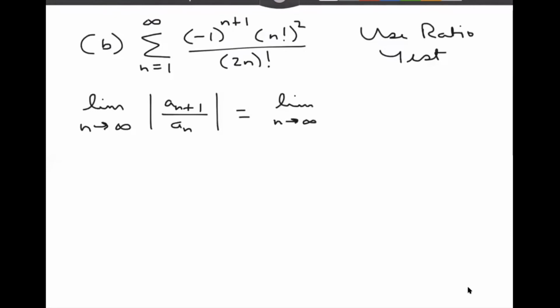All right, so when we replace n with n plus 1, we're going to get n plus 1 factorial squared over 2 times n plus 1 factorial divided by a sub n. And again, I will multiply by the reciprocal.